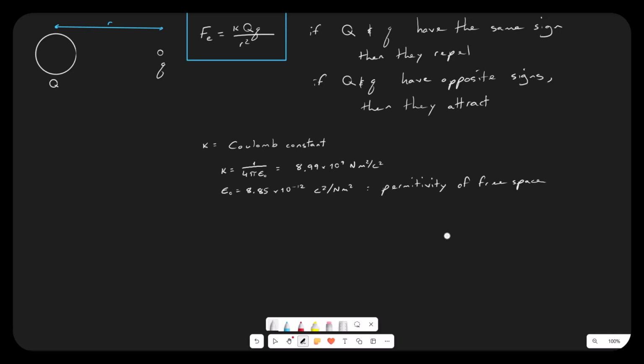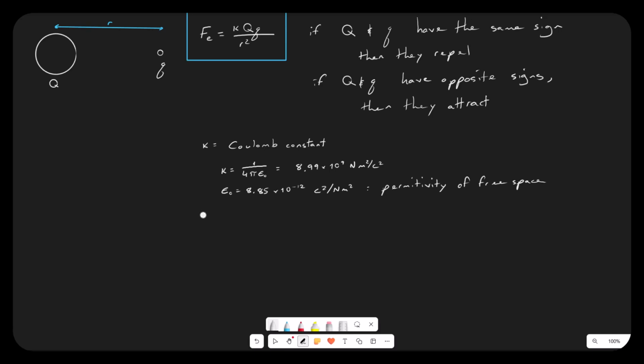If I am looking at two charges that are separated by some distance and they are living in a vacuum, so no medium at all, then this is the permittivity that makes sense. If I'm looking in air, it's going to be ever so slightly different.